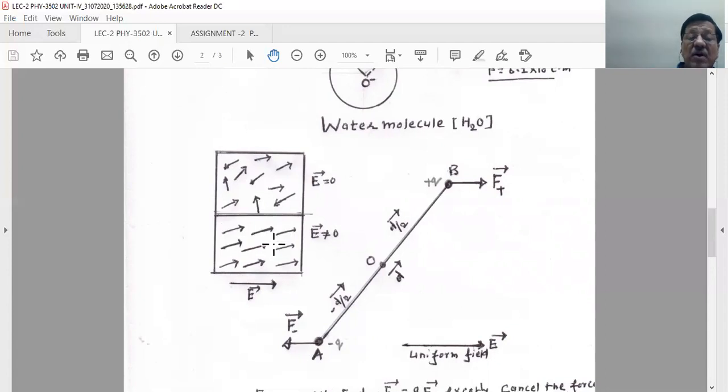But because of the thermal agitations in the dipole, sometimes the vector P is vibrating, and that we will see when we write the thermal agitations part for writing these equations, that we will discuss, not right now.